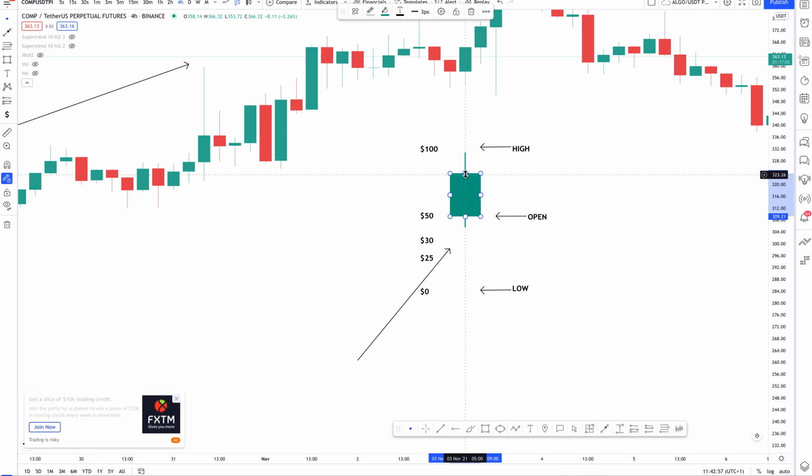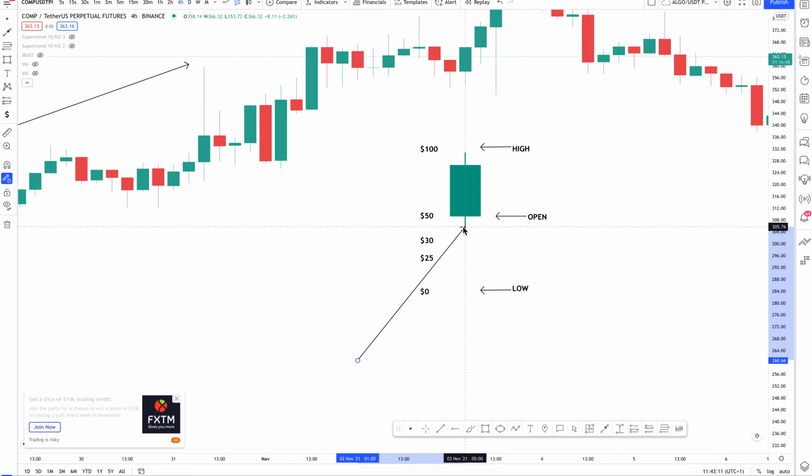Okay, let's say this is it. It came back to where it opened at, which is $50. Now it left that wick there, and maybe price went back again to maybe 75, $85. But now what you need to understand is that price left this wick here. Now this wick means this was the lowest point at which price got to. I hope you get it now. This is just a way to illustrate that.